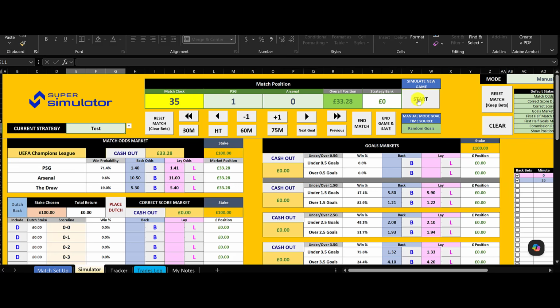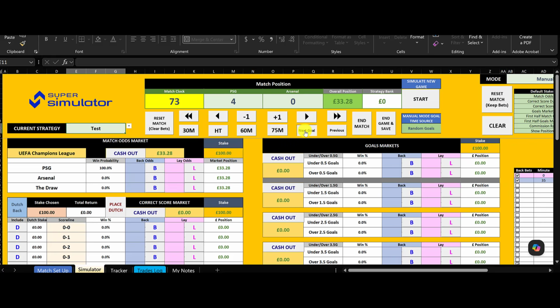Okay, so that's great. And then we can see where this match would have gone afterwards. Actually, let's have a look at this. So we can click on next goal. So PSG would go 2-0 up by 60 minutes, and then that's probably it, isn't it? 3-0 up by 65 minutes. So yeah, not great if you're looking at this as an Arsenal supporter. 4-0 by 73 minutes.